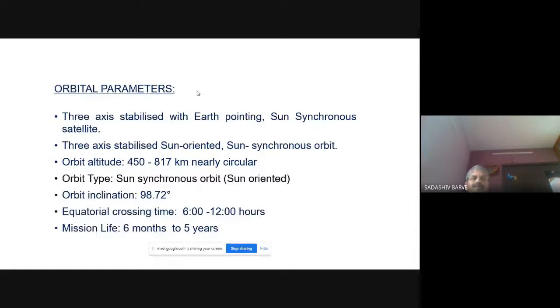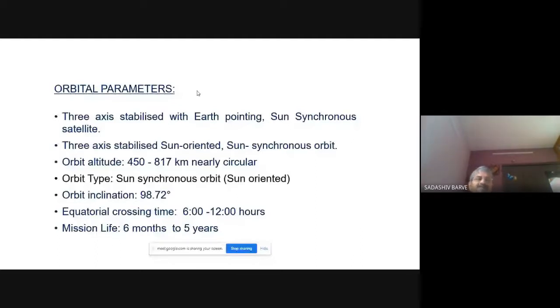Now, orbital type, I told you, sun synchronous orbit, is called sun oriented. Then orbit inclination: the intention of sun synchronous is that a particular satellite will come to a particular portion of the Earth regularly at a fixed time. For example, they call the equatorial crossing time 6 to 12.